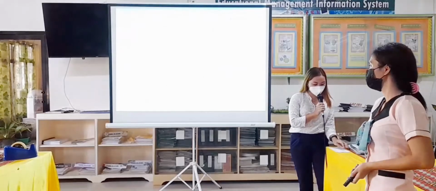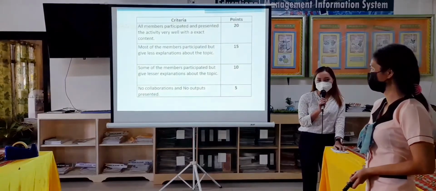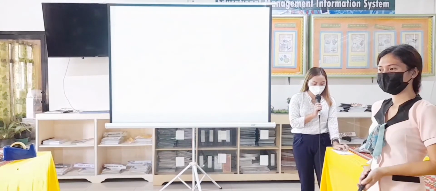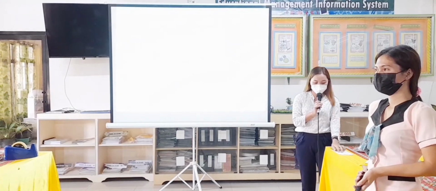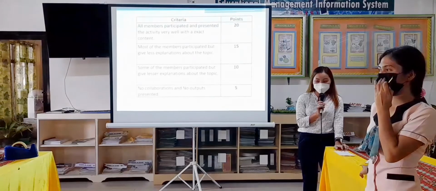Are you all done? Yes, ma'am. So where's group 1? Group 1, can you present your output? Good morning, and these are our answers. The most common hazards that we experience in our community are earthquakes, fire, benches, and even ground or sidewalk surfaces and stairs. And how can we prevent hazards in our daily activities?